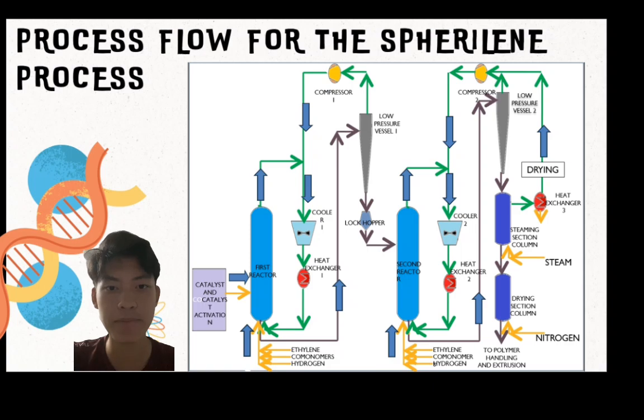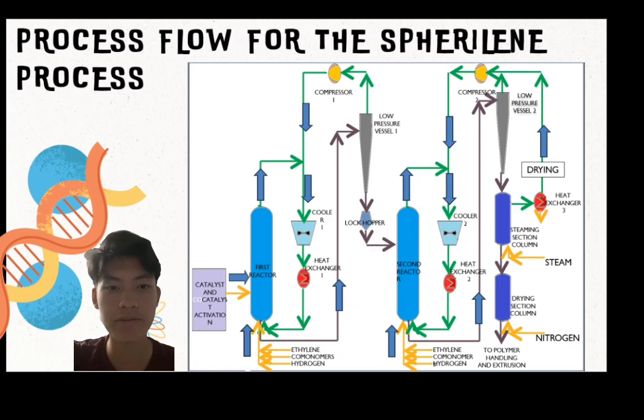In there, steam is introduced to facilitate the condensation of volatiles. This helps in removing residual monomers and byproducts from the polymer particles. The steaming section column helps in separating unreacted monomers, solvent and other volatile components from the polymer product.